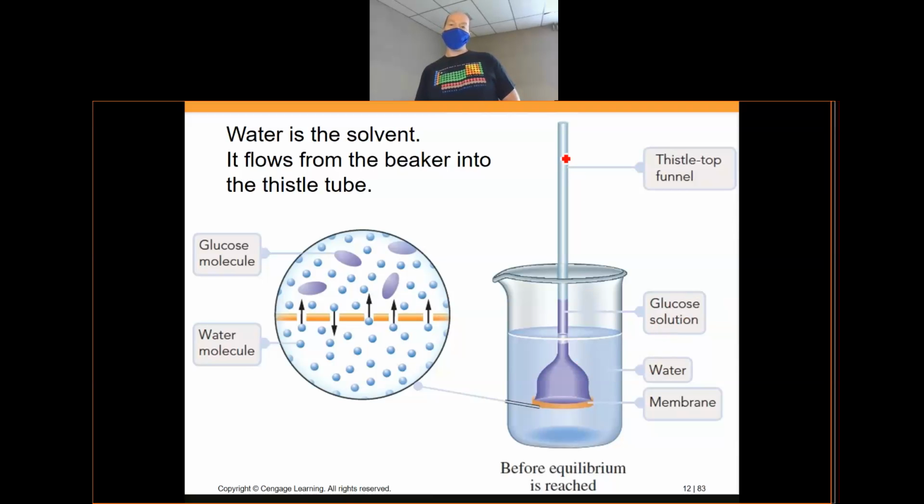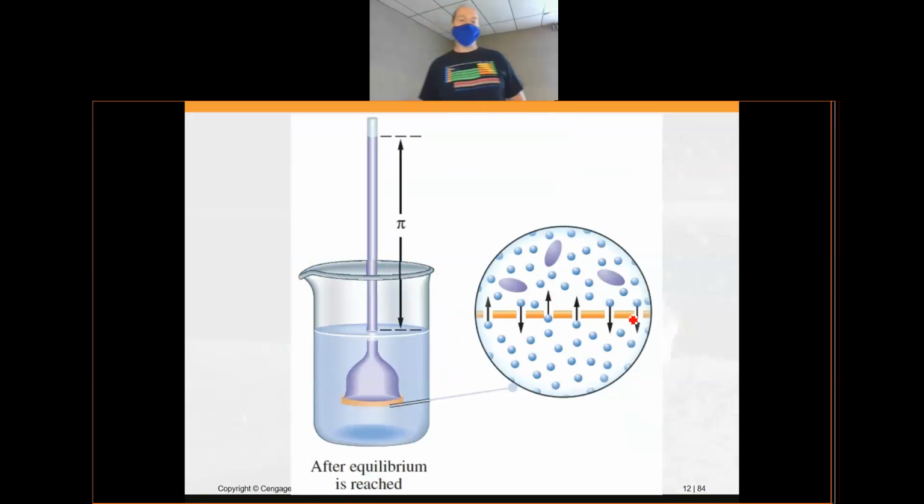It is going to go up until it reaches a high enough pressure to where it stops. And when it reaches that high pressure and it stops, that pressure is called the osmotic pressure. That is the pressure where osmosis will stop. So you let it go over time, and it's going to go up the tube until you have a difference in pressure. Then this pi, this is your osmotic pressure.